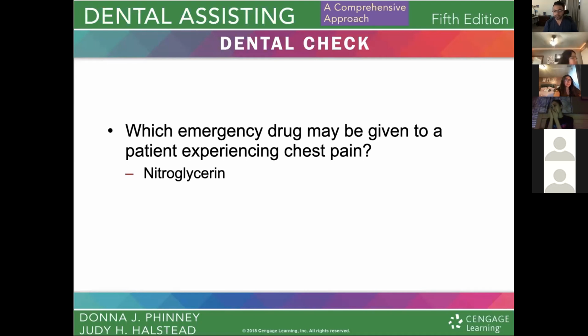Nitroglycerin is the first drug you want to give to somebody that's experiencing chest pain. If somebody's experiencing chest pain, we don't know if it's just angina, or it could also be a heart attack, and I'll get to that in a moment. But the first plan of attack is nitroglycerin. Hopefully that'll bring down their chest pain. And if that doesn't, then they're probably having a heart attack, and we'll get to that in a second.